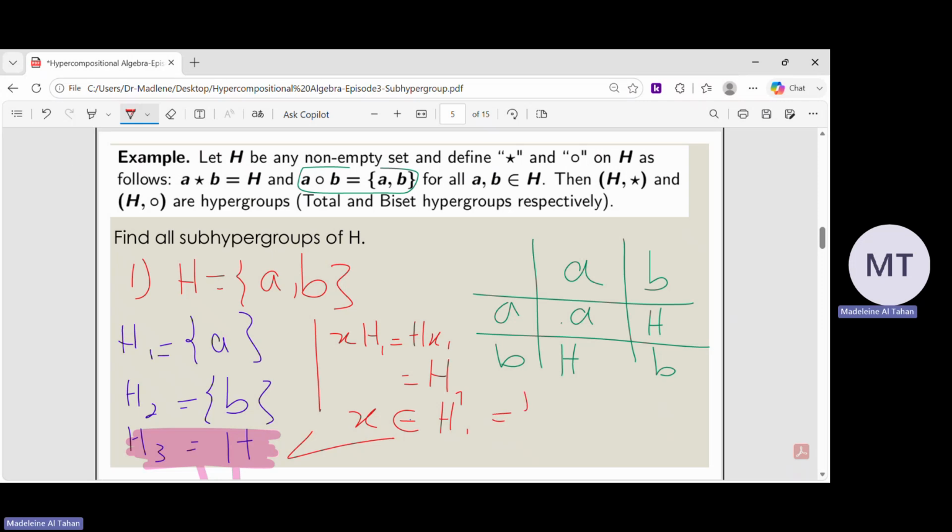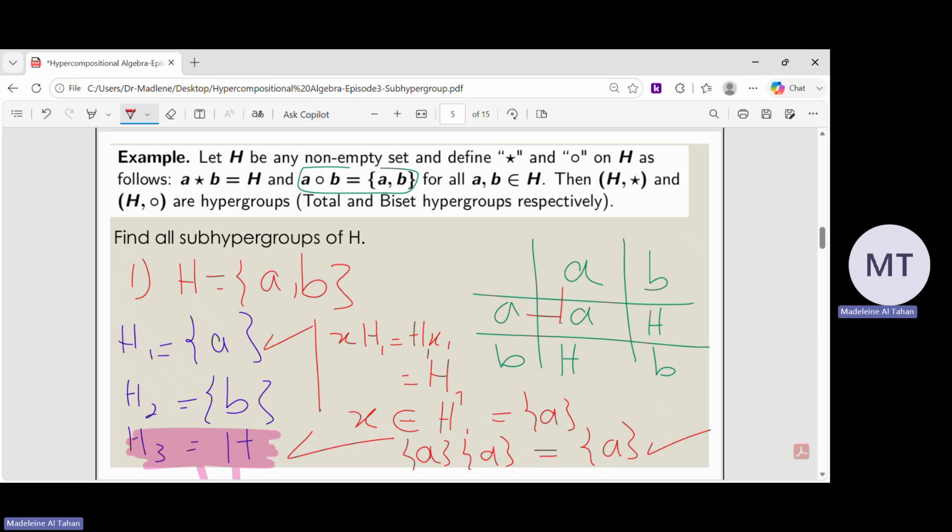And H1 is equal to A. So all we need based on this is just to find A with A. A with A, based on this, is equal to A. So XH1 is equal to H1X equal to H1. It means that this one is a subhypergroup.